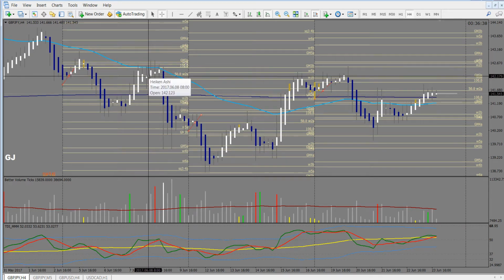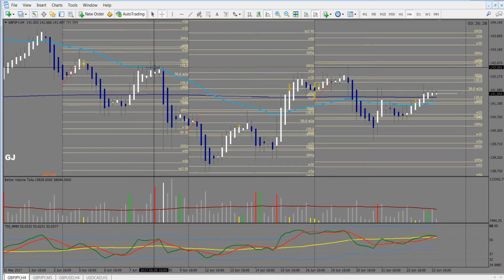Where the accumulation happened was 100 really, kind of between 150. One wave from there wouldn't really seem logical in accordance with how extreme this volume is.